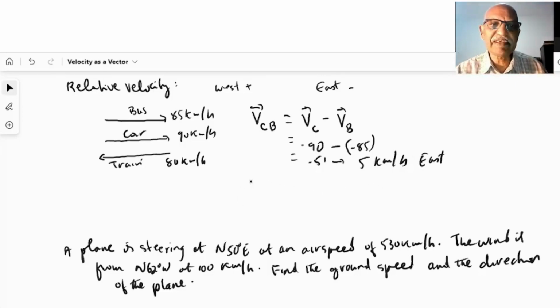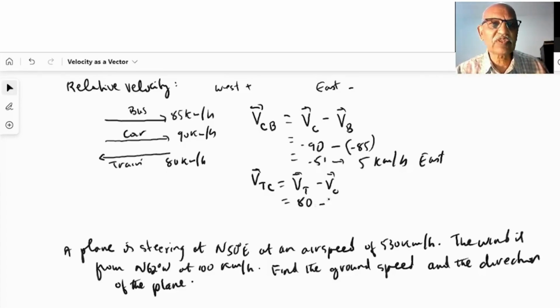If I have V of the train relative to the car, which means Vt minus Vc. The velocity of the train is going west, and west is positive, therefore it's 80.